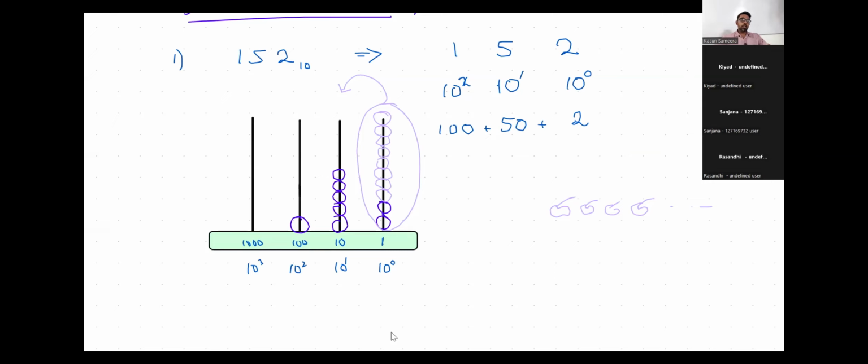If there are 10, including that extra unit, we have to remove all of them and take them to the next position as one unit. Then this one red circle represents how many units? 10. Got it? 10 is there.